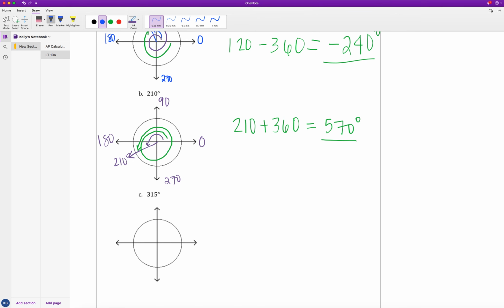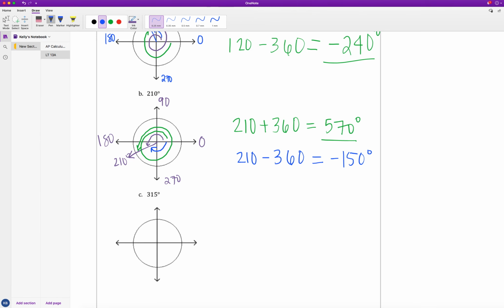Now, I could add another rotation to it, but if I want to get a negative angle and get that practice in, remember I'd start at the positive x-axis and I'd rotate down here to get this other angle that is coterminal, and that would be equivalent to taking 210 degrees and subtracting 360, which will give me negative 150 degrees.